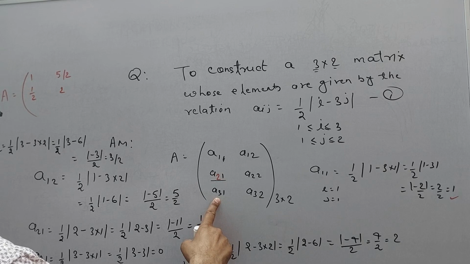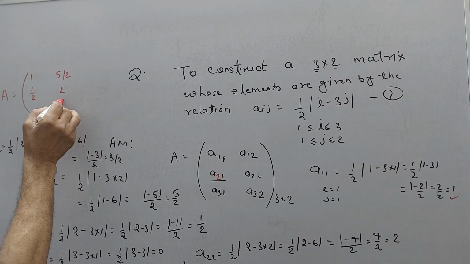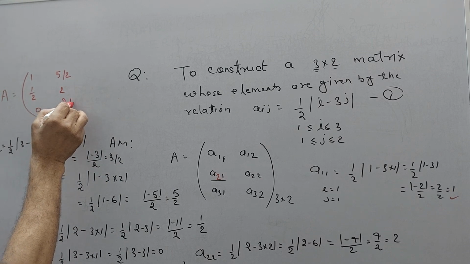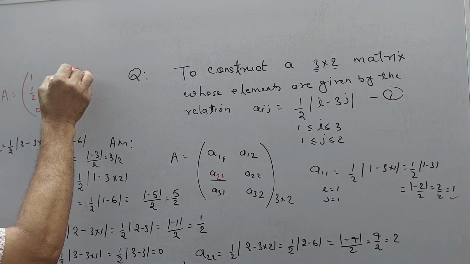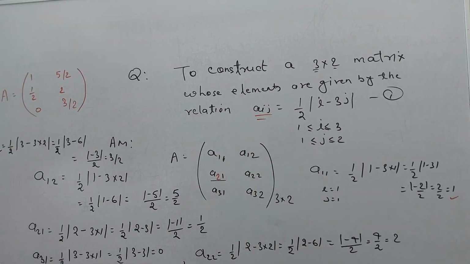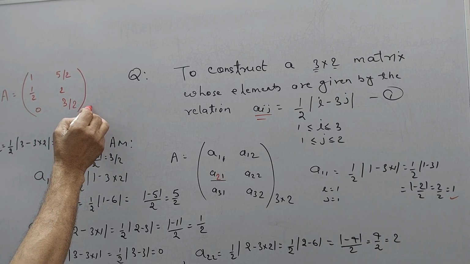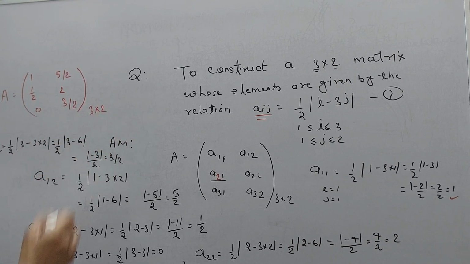Now the third row first column element is 0, and the third row second column element has the value 3 by 2. Now this becomes our matrix. From the general element, I have formed a matrix with all entries. Its order is 3 rows and 2 columns, 3 by 2.